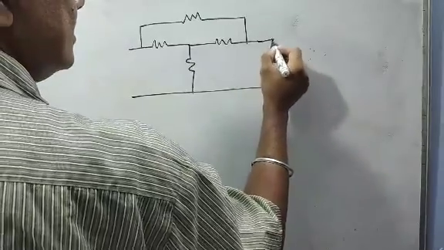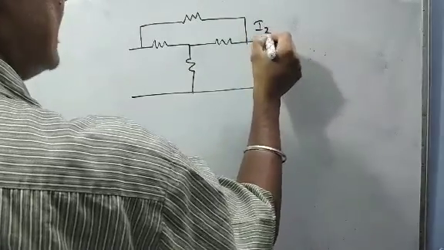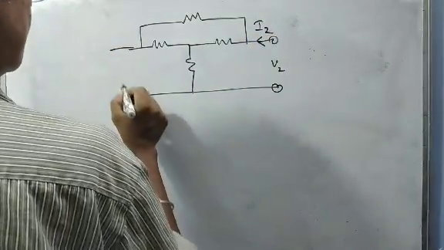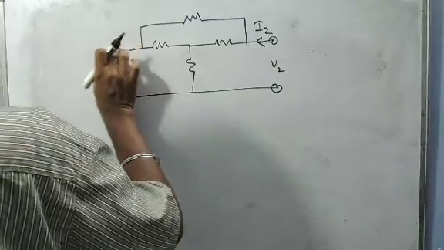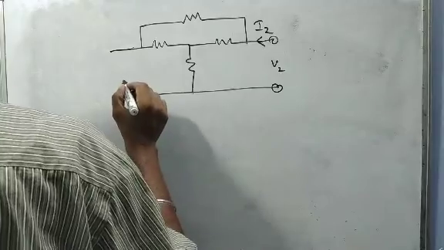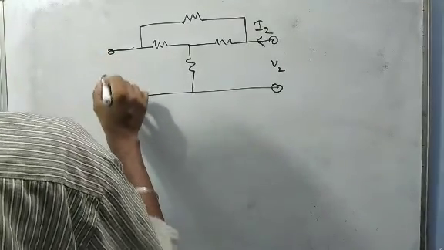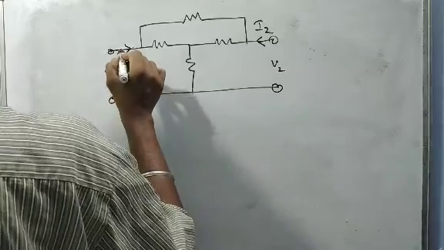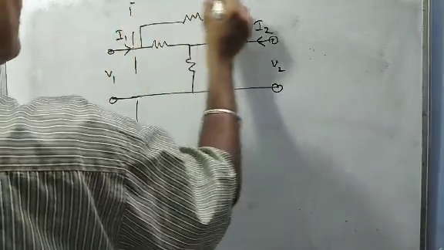So this is your V2, and this one is your I2. Straight line not drawn perfectly. This one is your V1, and this one is your I1, and this is your black box.